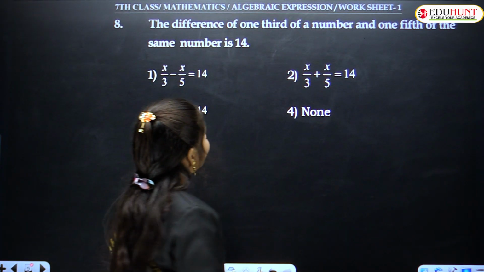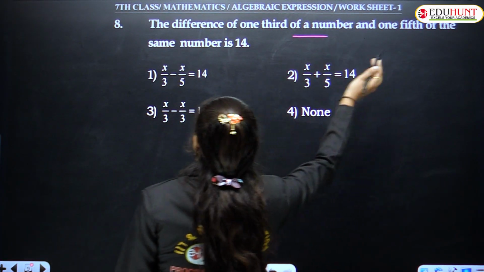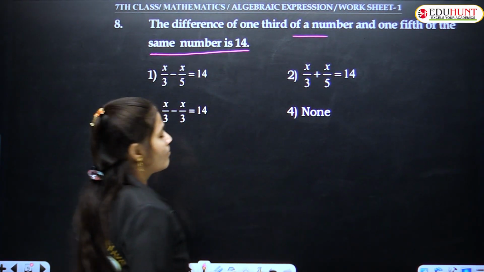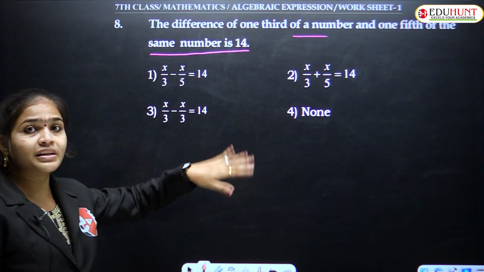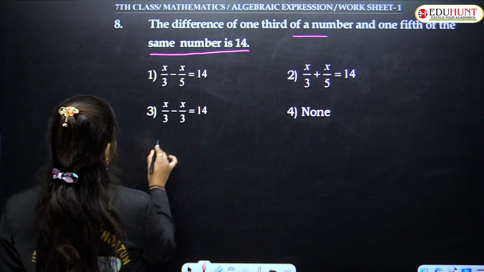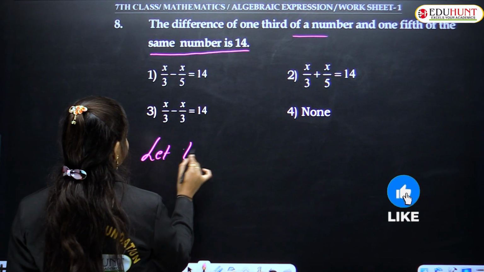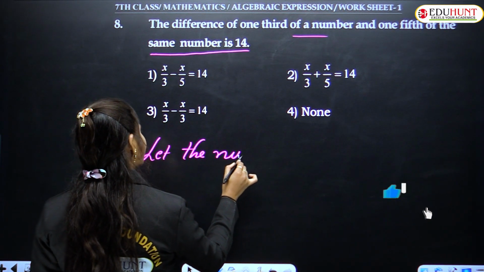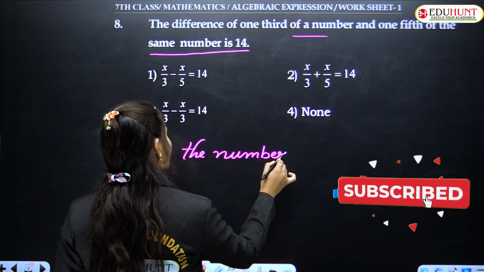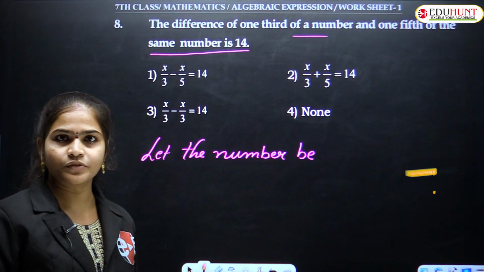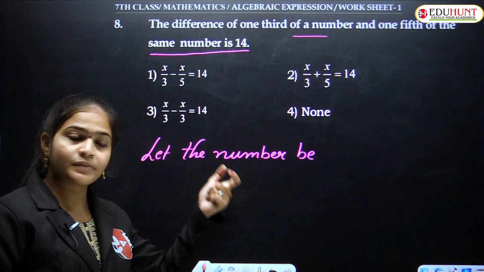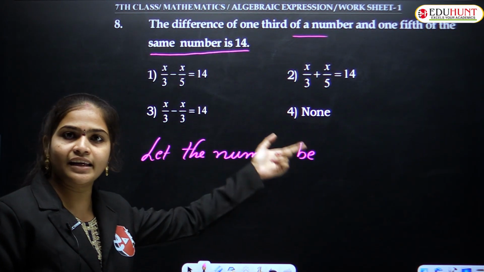The difference of 1/3 of a number and 1/5 of the same number. Before going to that, let the number be, what is that? We don't know that number, so in replacement of that number we can take any variable.